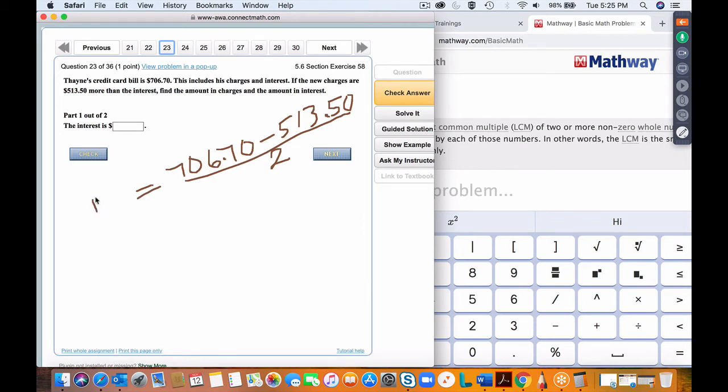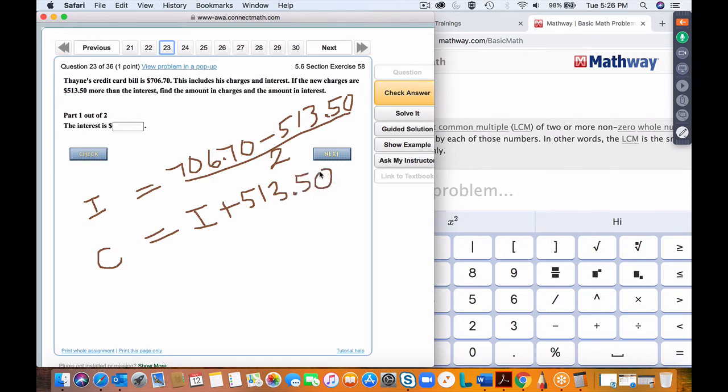But remember, I told you that the new charges, find the amount in charges. So the interest is this much. Now the charges are going to be the interest, which is this number you found over here, plus 513.50.